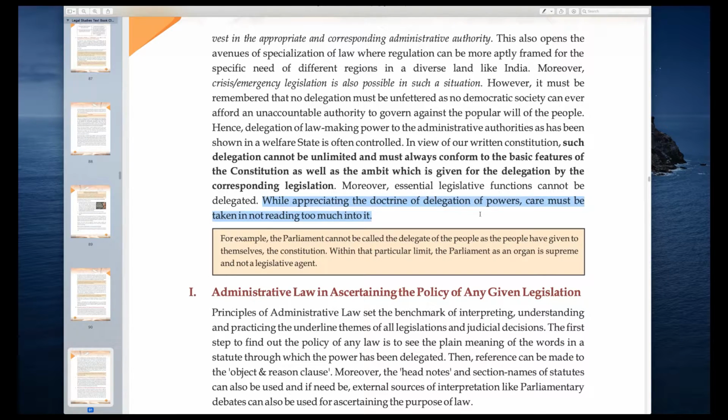It is very much under the purview of the supreme authority. If sometimes it is wrong, then it must be corrected. And lastly, it must follow the guidelines of the constitution. Okay, so this is the concept of delegated legislation.